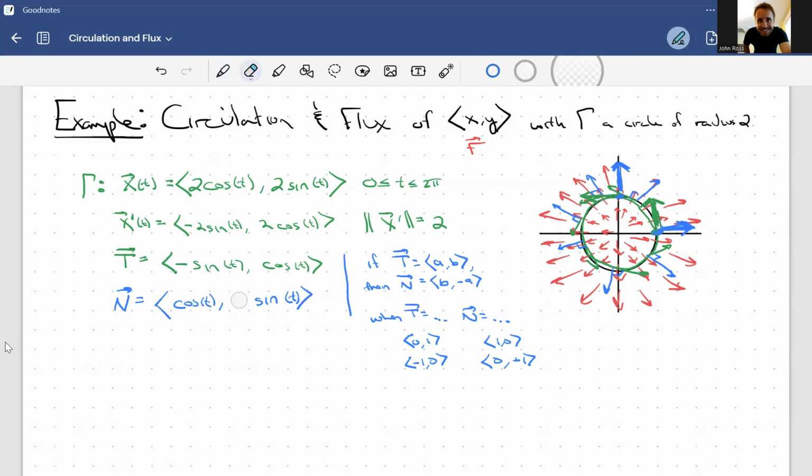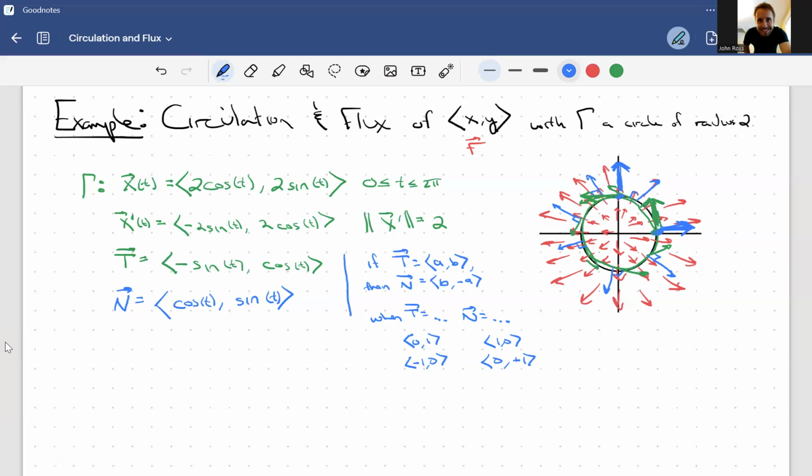And I'm going to erase that positive, I think it looks a little bit too much like a t. But yeah, so we get cosine of t comma sine of t as our answer. So all of this is being done without any thought about the specific red vector field, capital F, that we are looking at in this problem. We're just calculating all of these quantities involving our curve.